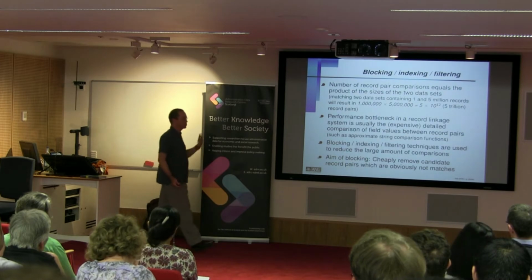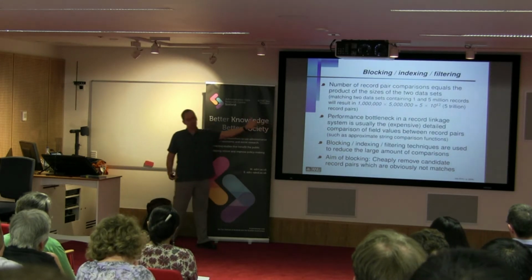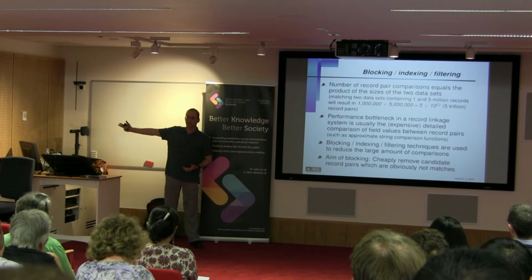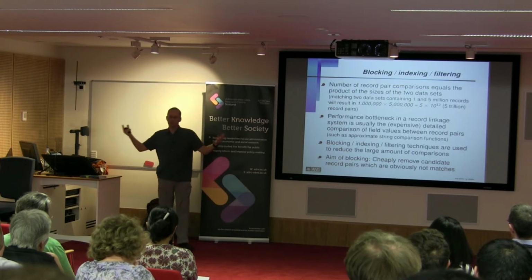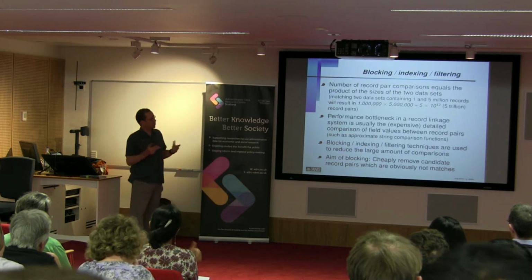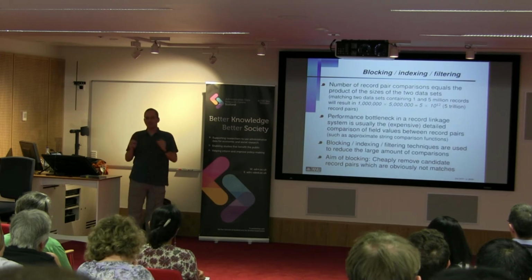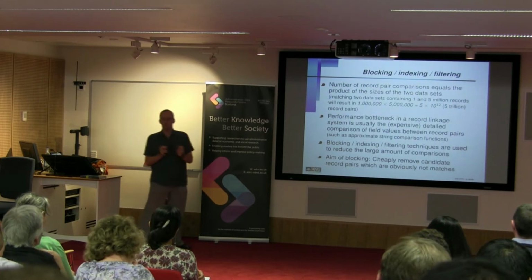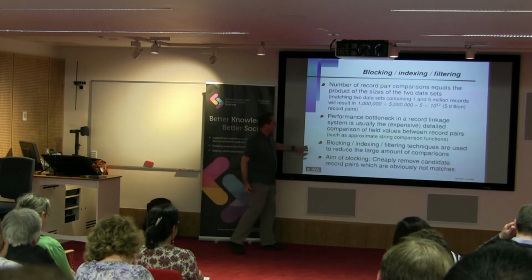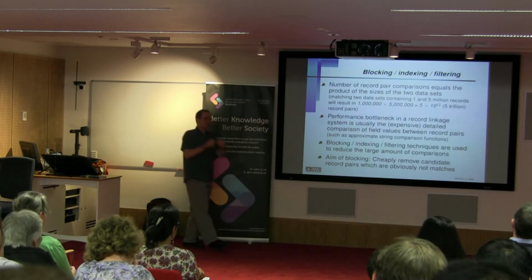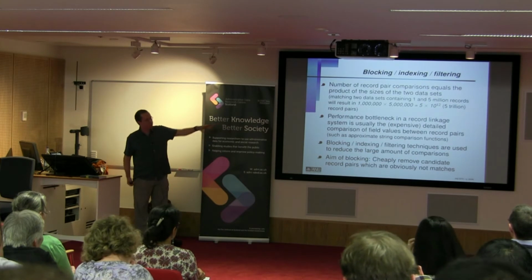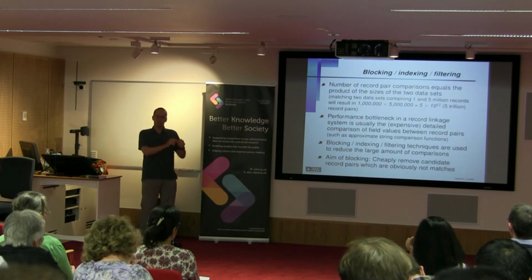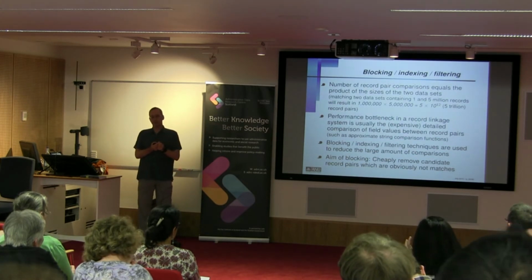We don't have to compare John Smith, who lives in Edinburgh, with Mary Miller, who lives in London. Well, okay, it's very, very unlikely that they're going to be the same person. Right? So that's the idea of blocking. We remove as many of these pairs out of the 5 trillion we have, so we don't have to compare them in detail.